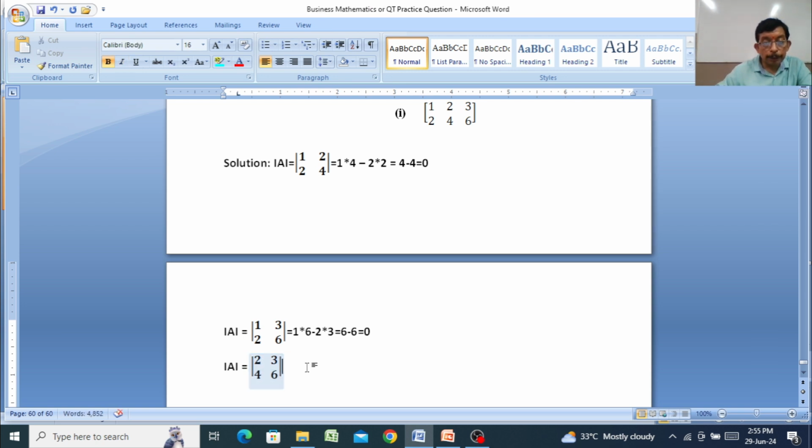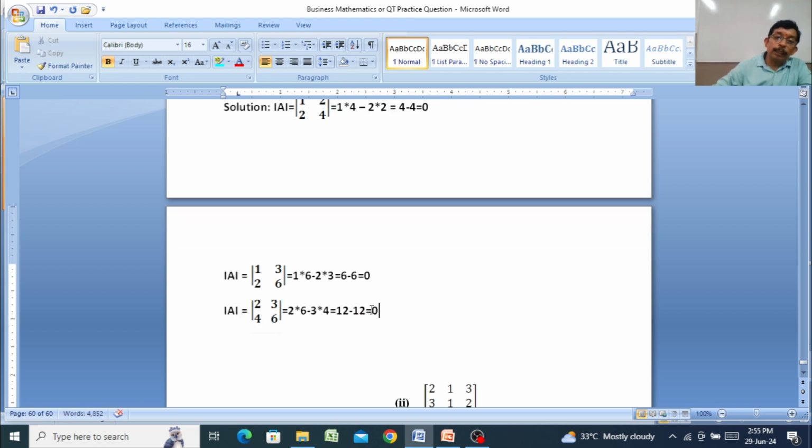Now simplify: 2 into 6 minus 3 into 4 is equal to 12 minus 12, which is equal to 0. All the second order determinant values are 0.